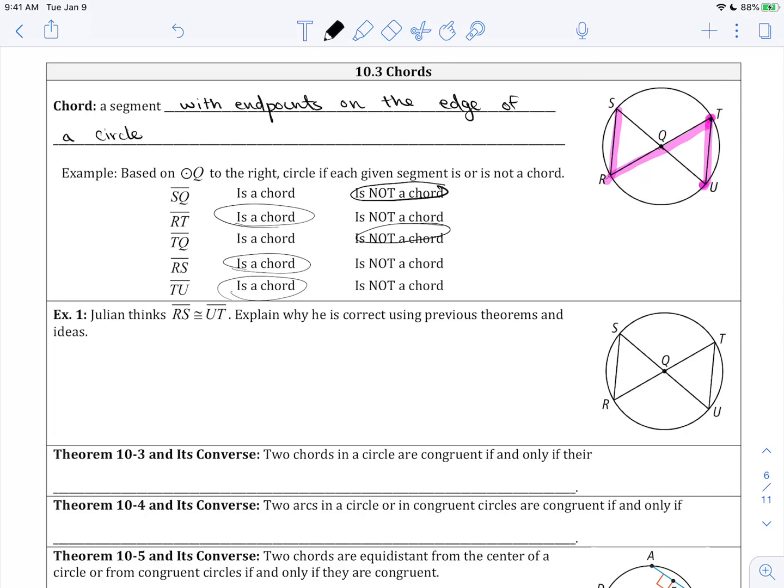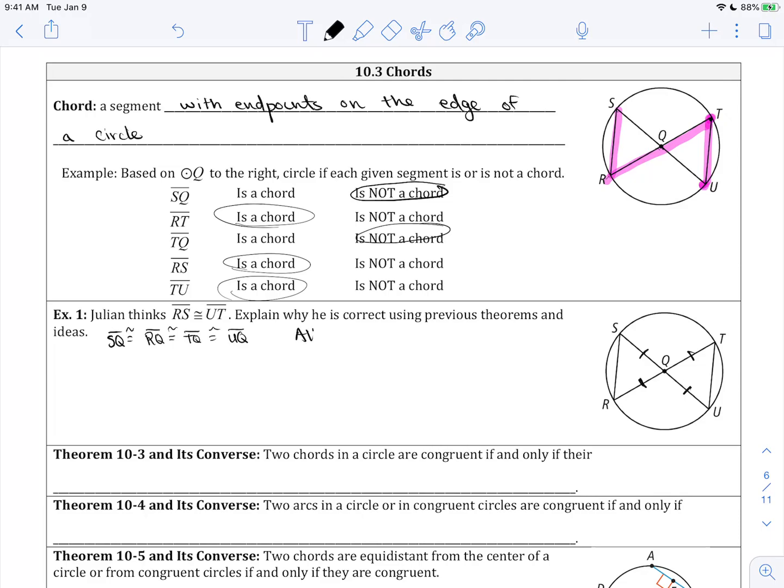Well, first thing we know is that SQ is congruent to RQ, which is congruent to TQ, and that's congruent to UQ, right? All four of these segments here are congruent because they're all radii.